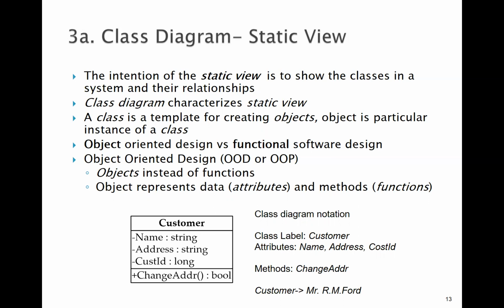In object-oriented design, we have classes, and simply a class is a template for creating objects, and an object is a particular instance of a class. So human could be a class, and Ali Kara would be an object, a particular instance of human.